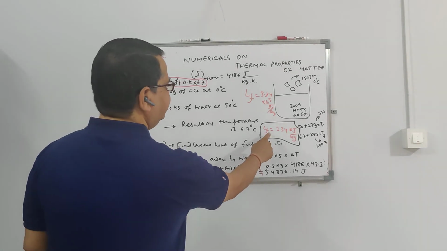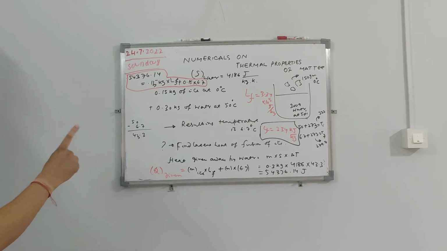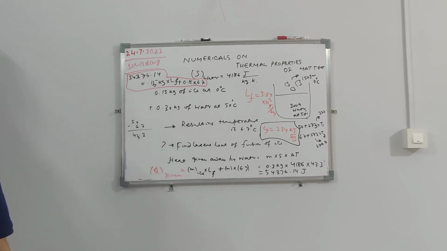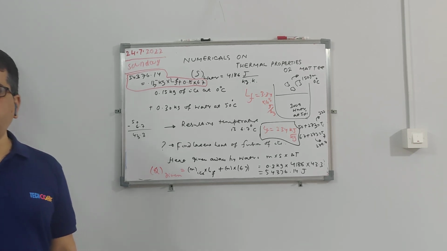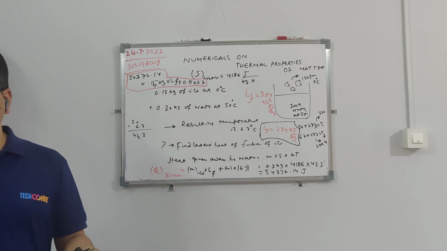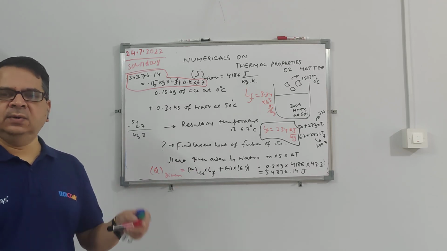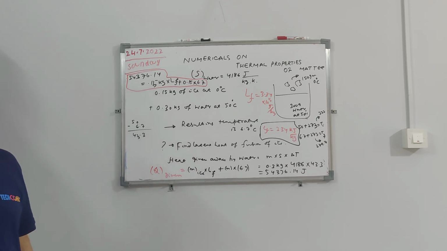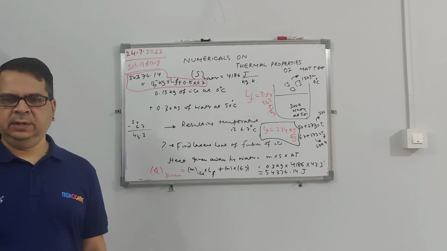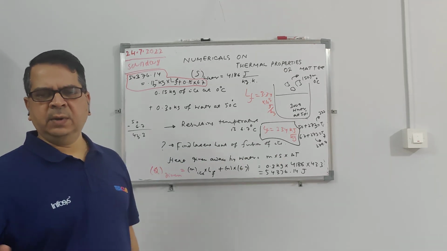So here the latent heat of fusion is 334 kilojoule. You can convert kilojoule into kilocalorie by dividing by 4.18 or some value. So that is 80 kilocalorie. You will check the relationship between kilojoule and kilocalorie, or joule and calorie.